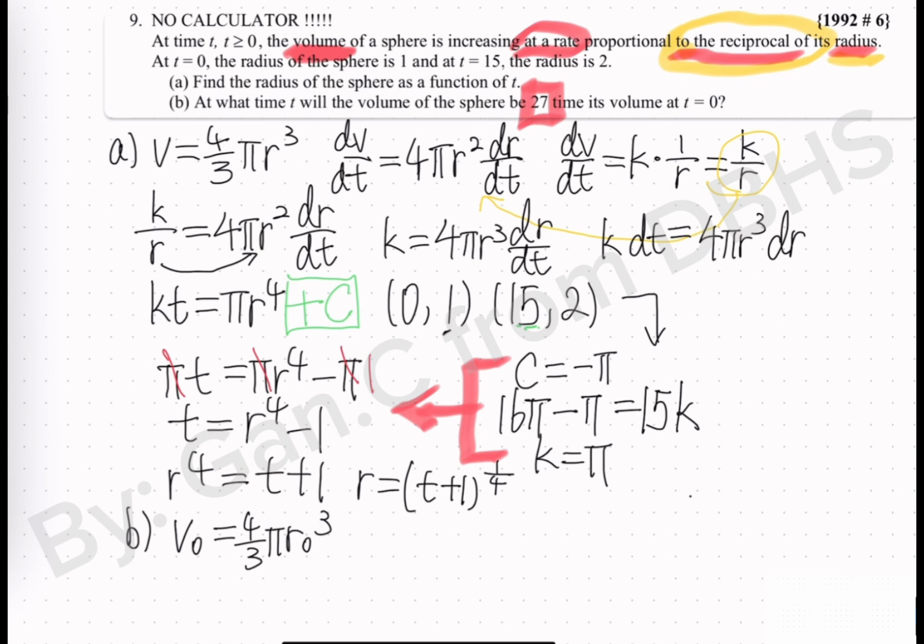So what should I do? That's 27 V0 equal to 4 over 3 pi. The whole thing is a constant, so leave it alone. What can I do? I can times 27 to the R0 cubed, right? So 27 is how many cubed? That is 3 cubed, right? This is apparent.